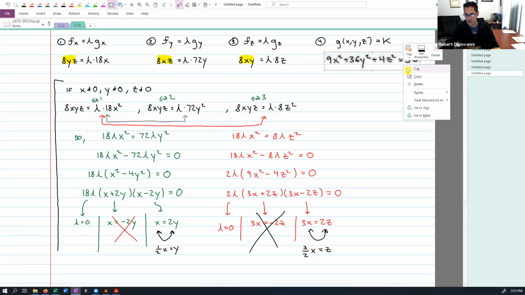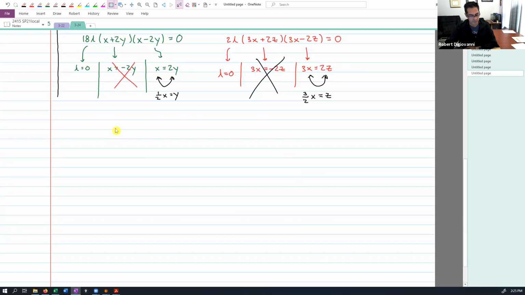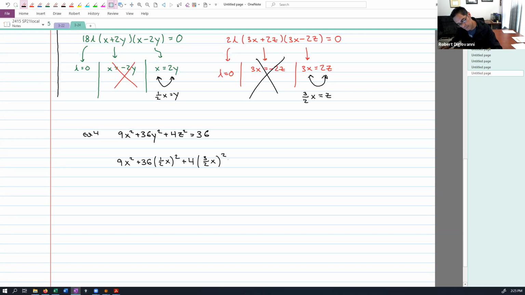Take that fourth equation. This is equation 4. Let's rewrite it by replacing our y's with half x and our z's with 3/2 x, and I'm leaving the x alone.